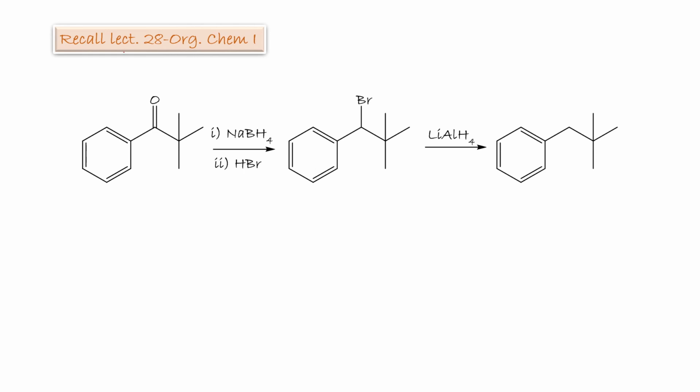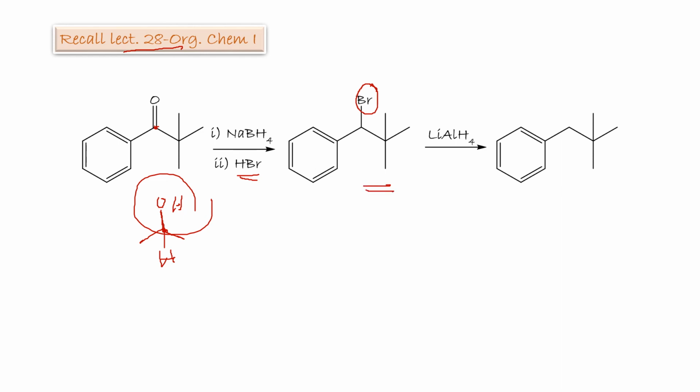Recall from lecture 28, Organic Chemistry 1, that the carbonyl, upon reduction with sodium borohydride, will give the alcohol. Treating this alcohol with HBr, you transform the OH to Br.